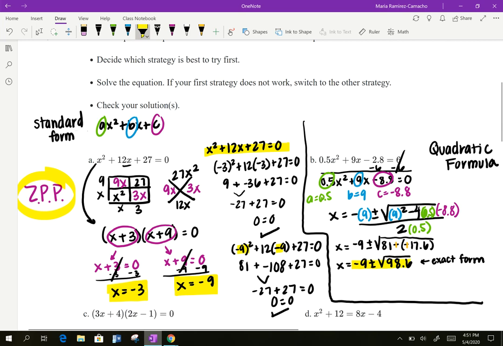Let's keep going. Let's find the answer in approximate decimal form. That means that we need to calculate what the square root of 98.6 is. And that is about 9.9 if you round to the nearest tenths place.